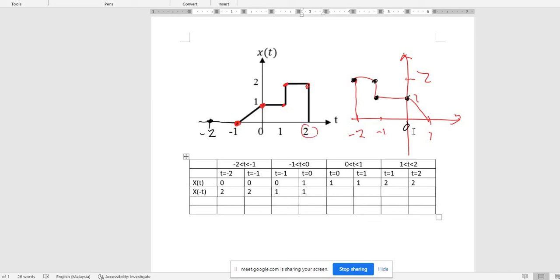For the range 0 to 1, when t equal to 0, you have the value of 1, and when t equal to 1, you have the value of 0. And then for the range 1 to 2, you have the value of 0 and 0.